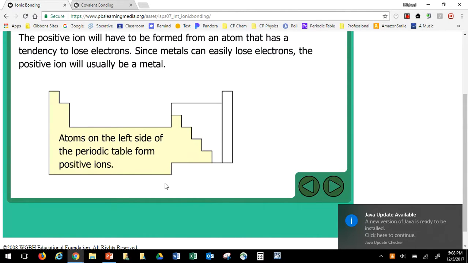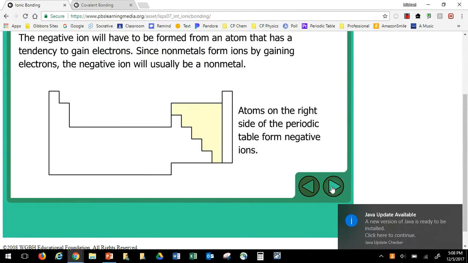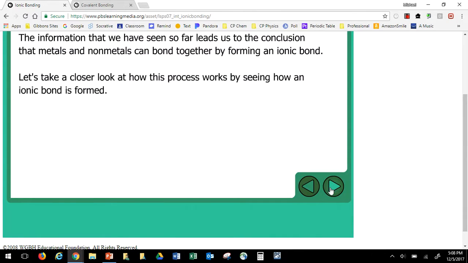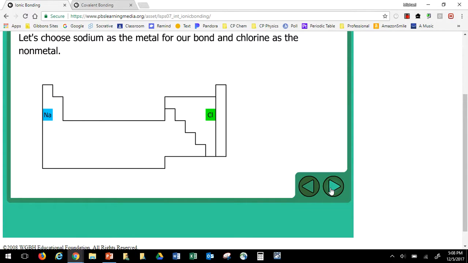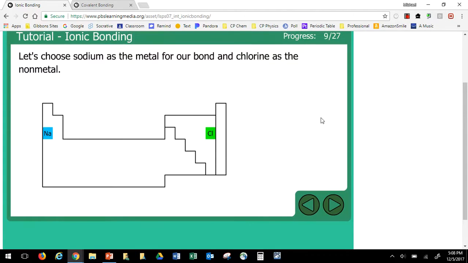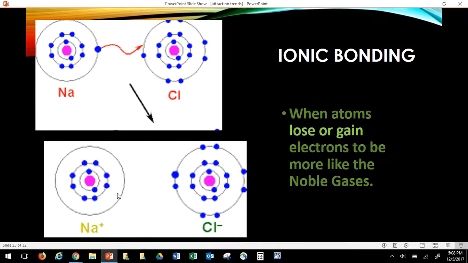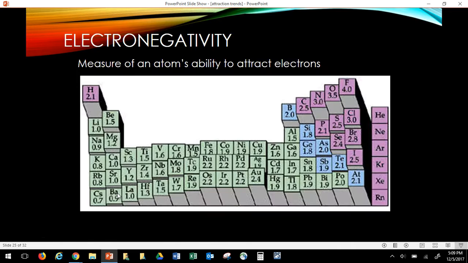And if we have metals on one side of the periodic table and nonmetals on the other side, the reason that they bond together in this ionic fashion, in this sort of hostile takeover of an electron, is because if you think about the electronegativities of metals versus nonmetals, most of the metals are very low and most of the nonmetals are very high.